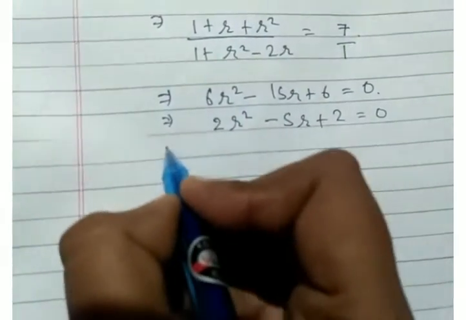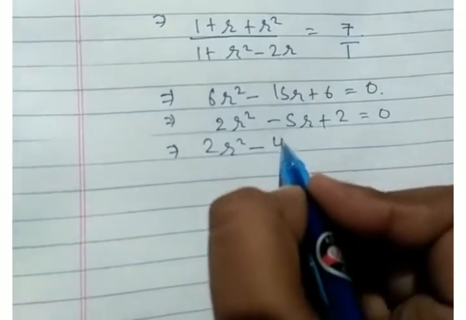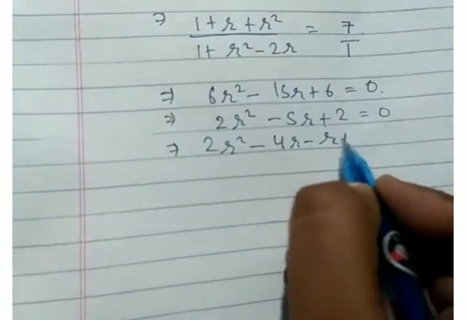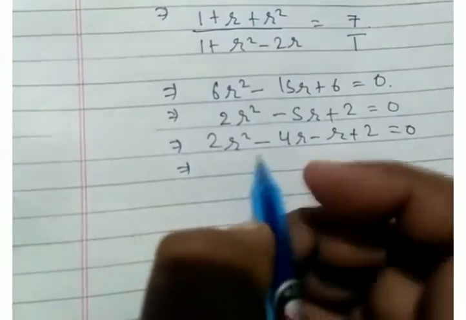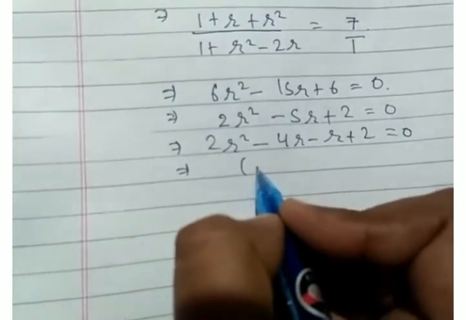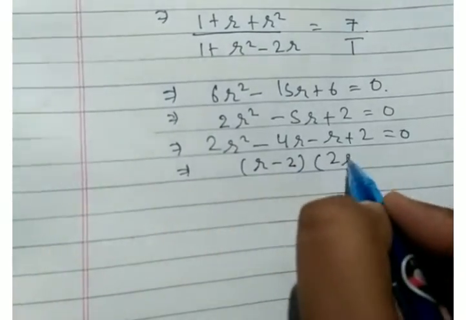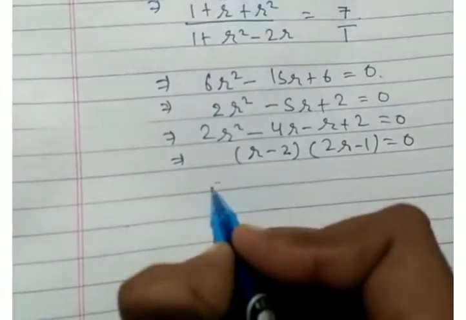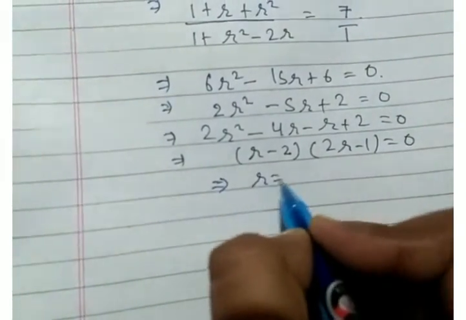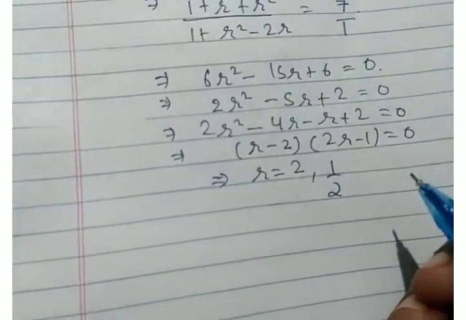So we have 2R square minus 4R minus R plus 2 equals 0. You can take common and simplify it. We will have R minus 2 into 2R minus 1 equals 0. From here we have two values of R: R equals 2 and 1 by 2.